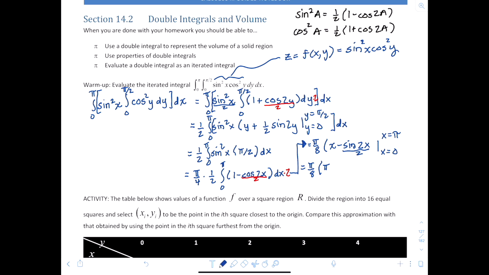And then at the lower limit of integration, we'd have 0 minus 0. So this will just be pi. And then at the end of the day, we'll get pi squared over 8. How'd you do?